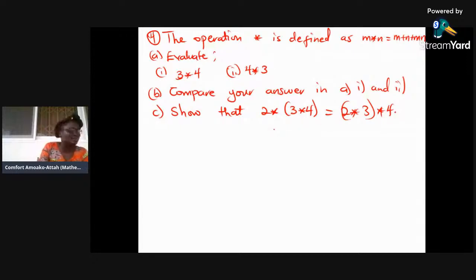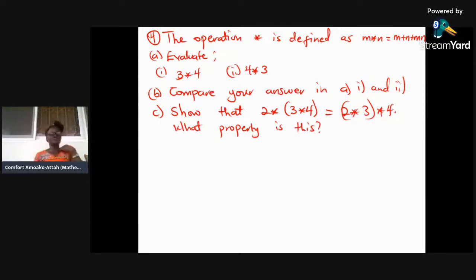Show that this is equal to that. What property is this? Okay. So after comparing our answer here, we have to state the property over here. And this one too. So what property is this?